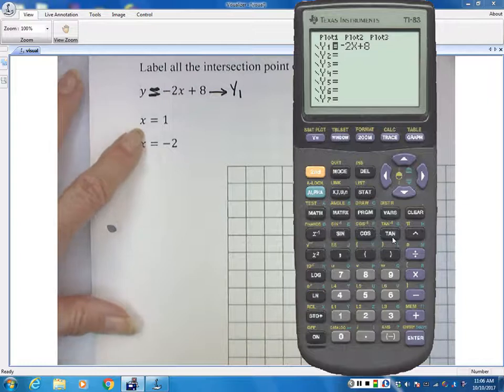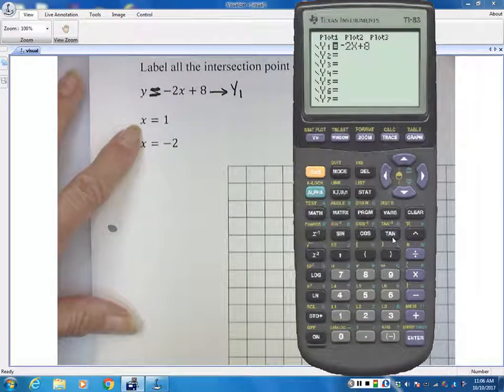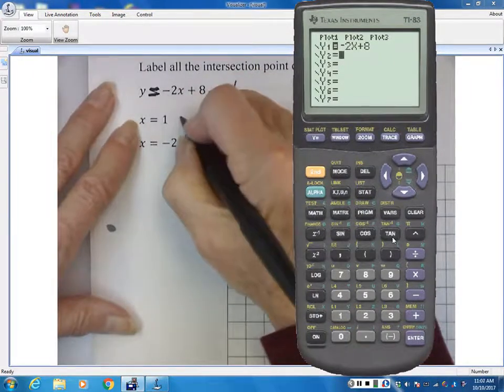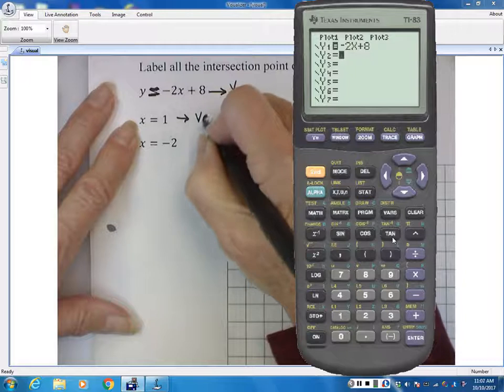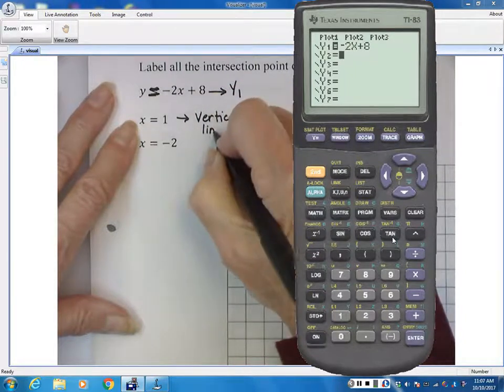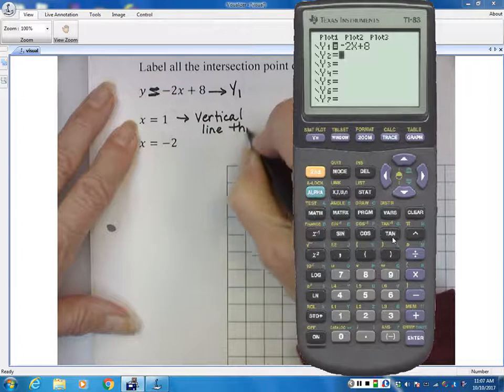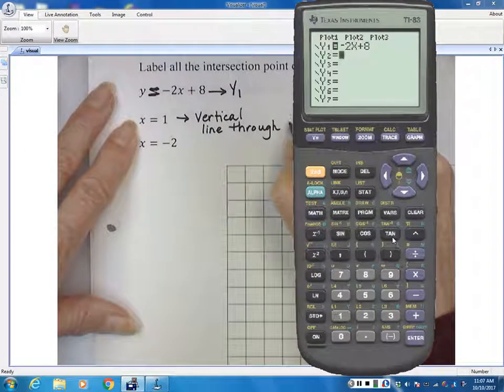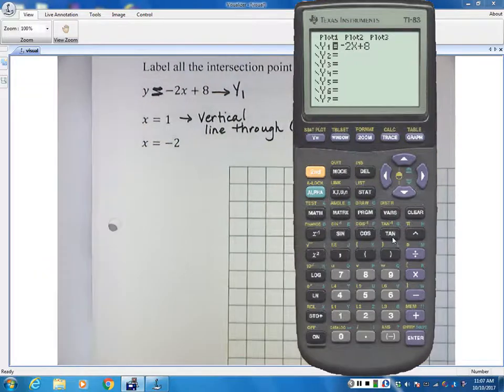What does a line that has the equation x equals 1 look like? It's a vertical line. And it goes through 1, 0, because that's its x-intercept.